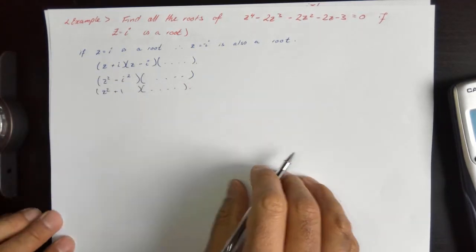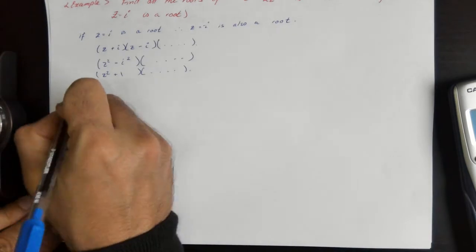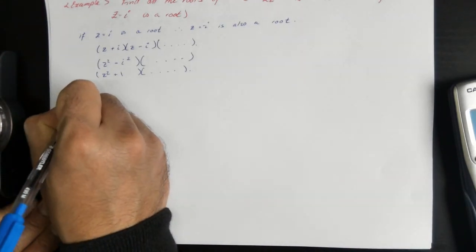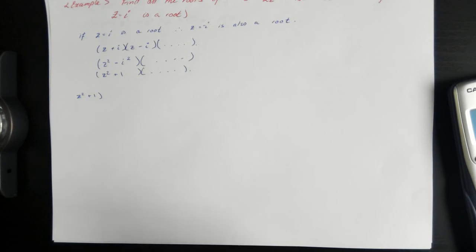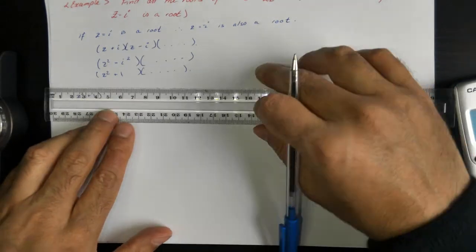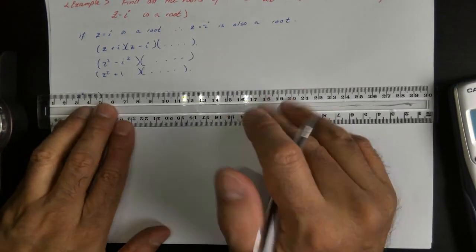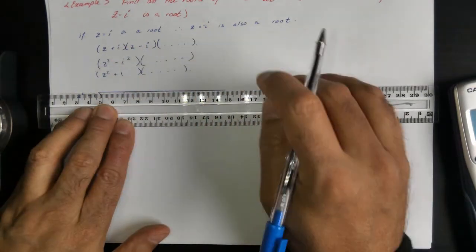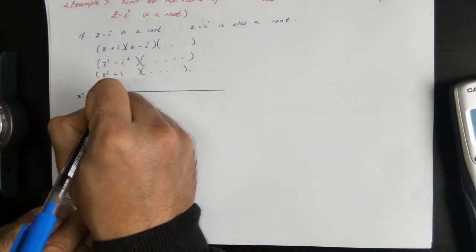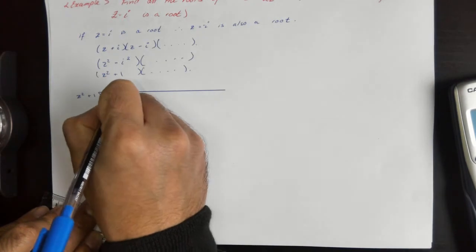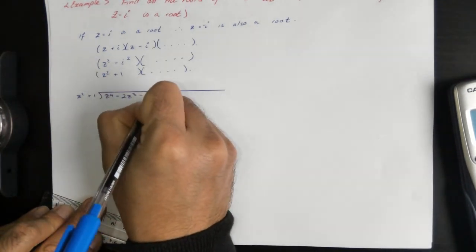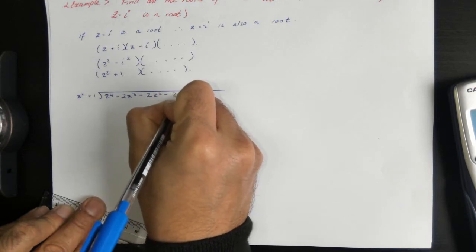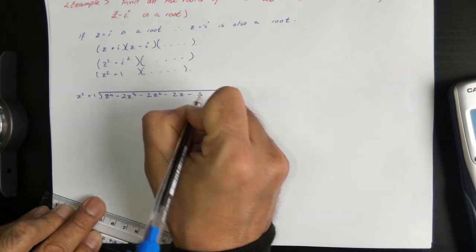All right. So z squared plus 1 divided into z to the 4 minus 2z cubed minus 2z squared minus 2z minus 3.